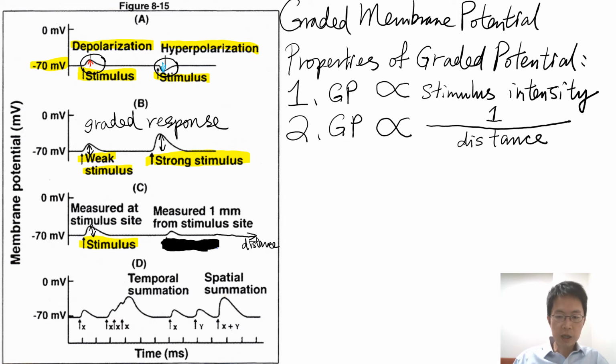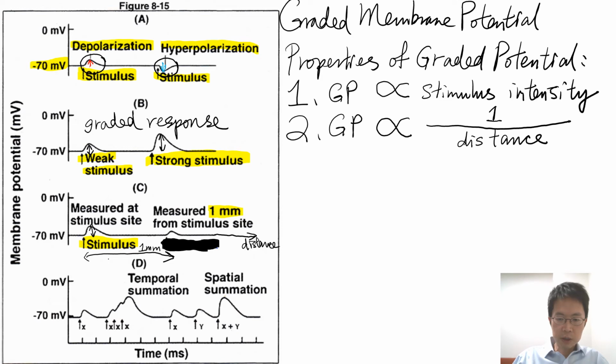And then you measure the response 1 millimeter away from the site of stimulation. That means here to here is approximately 1 millimeter. And then you measure the graded potential.